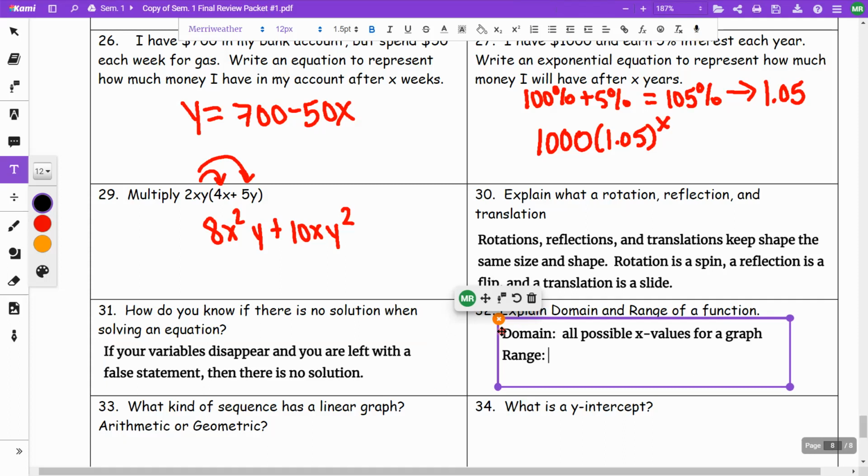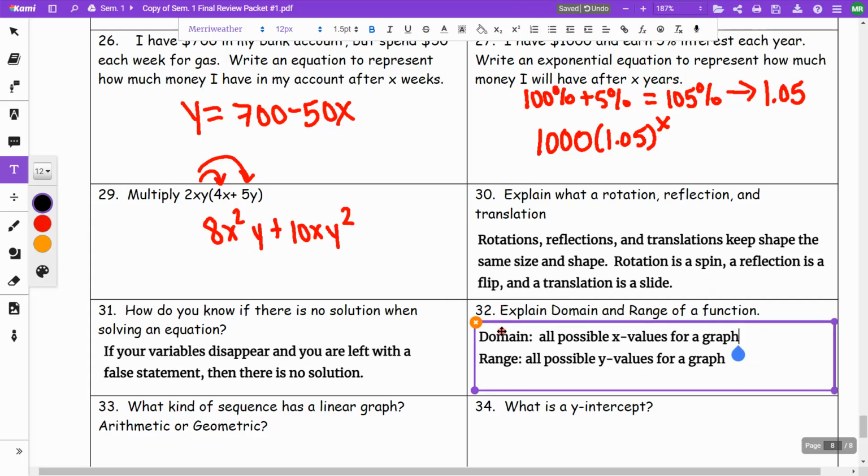Range, all possible y values for a graph. And when I'm thinking about domain, I'm thinking left to right. What's the furthest to the left? What's the furthest to the right? When I'm thinking about domain, I'm thinking low to high.